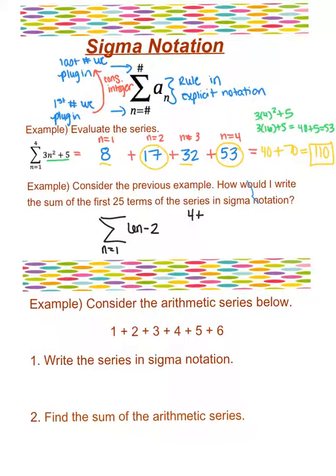Then I'd plug in a 2, and that would give me the 10, the 16. And since I'm ending with the 25th term, that would be my end value. So this is equivalent to my series. By plugging in n equals 1 and all the consecutive integers up to 25, I would generate that series.